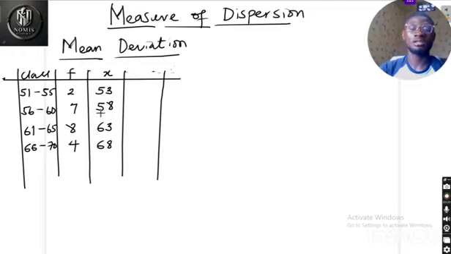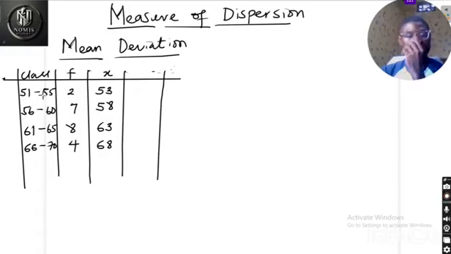You may be wondering, how did we arrive here? Though the table has been given to us already just to calculate the mean deviation, this is how the midpoint is calculated. We find the sum of the highest class limit and the lowest class limit and then divide by 2.